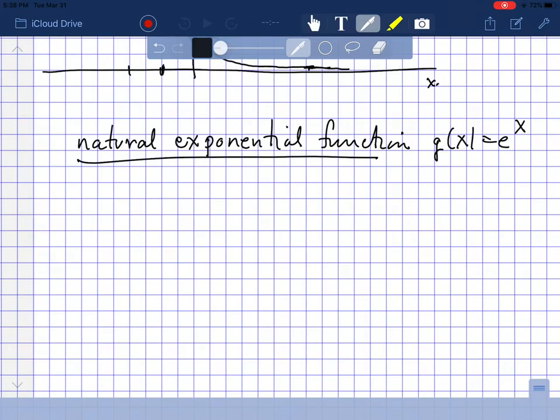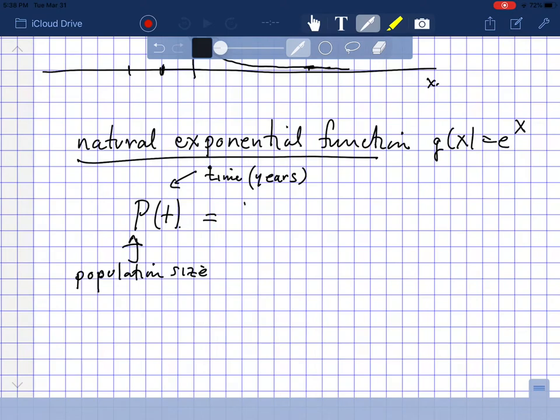For instance, it models population growth. So here P, this is no longer principal. This is population size, and it's a function of, we'll say, some time measurement, we'll say years.